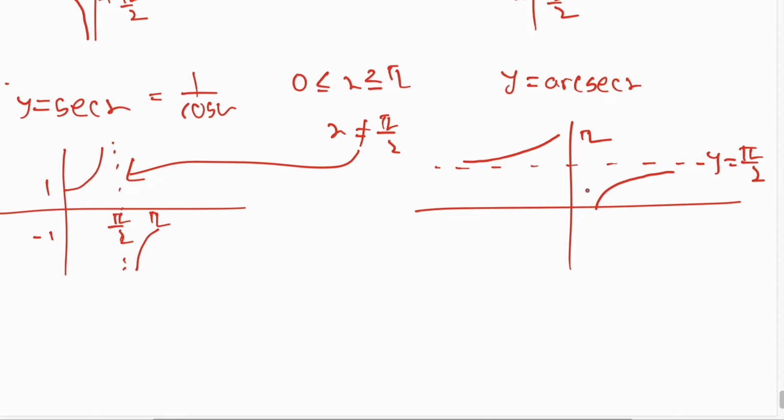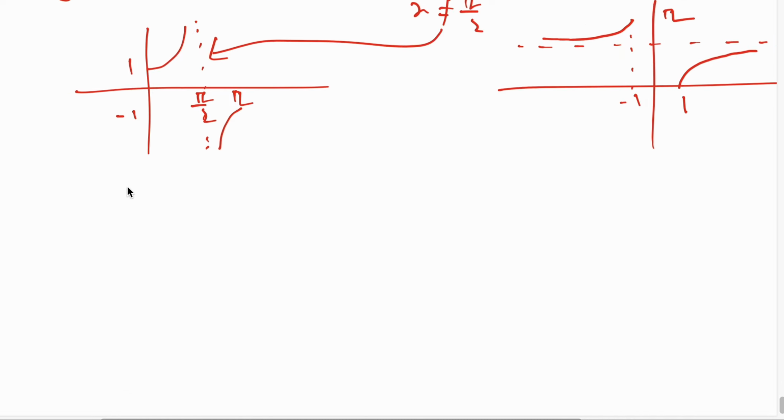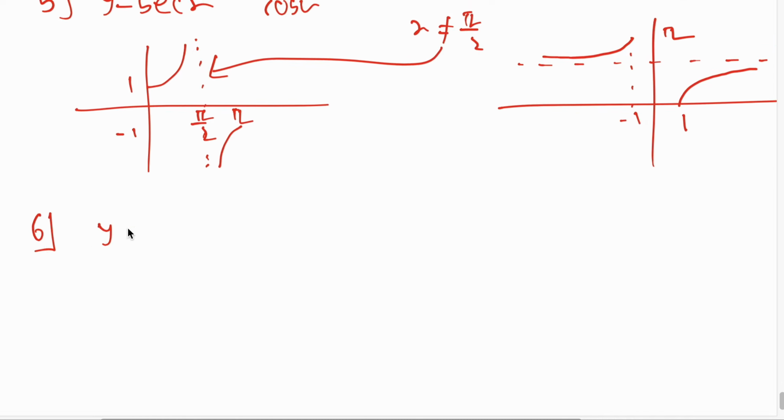This is pi, this is 1, and this is, let's draw it again, and this is -1. Then 6, the last one, y is equal to cot x, 0 to pi.